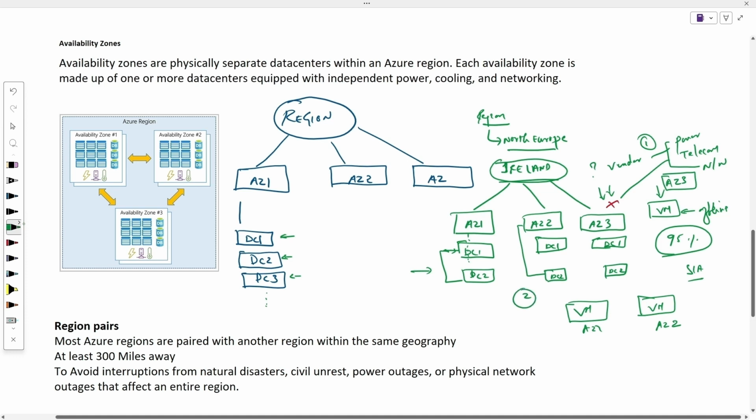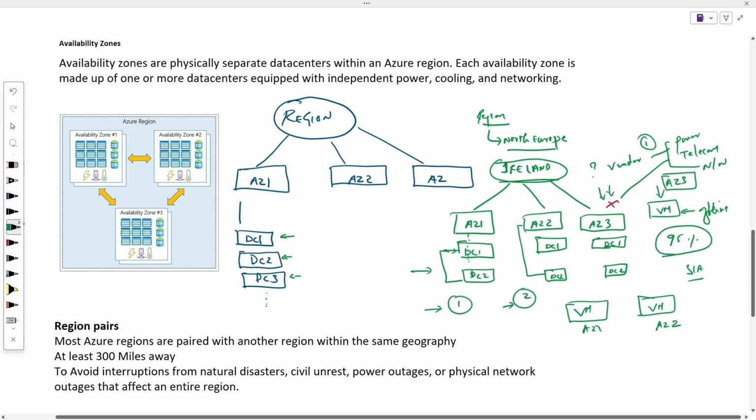So this will be vendor 2, this can be vendor 1. If vendor 1 has an outage and is not able to supply the power, the availability zone fails, because there is a different vendor altogether within the same region, Ireland region, who is providing the power supply, telecom and networking.